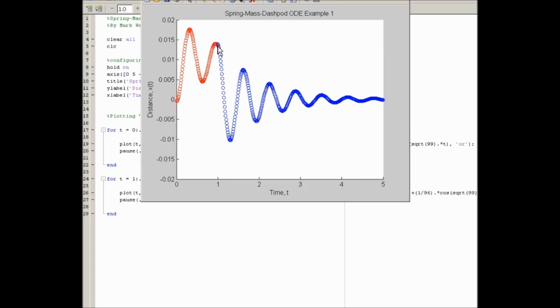But then as soon as t equals 1 and the force is removed, because of the big spring constant, the mass accelerates rapidly back towards its original equilibrium position, but overshoots it. And thanks to the dashpot and its damping effects, instead of oscillating forever, the mass will eventually reach a new equilibrium position.